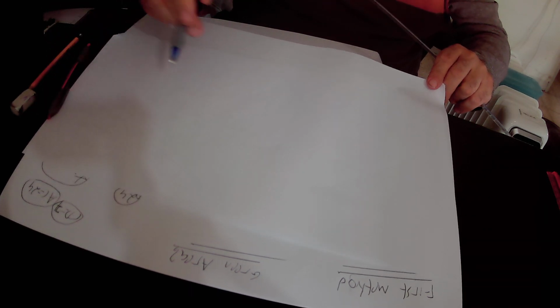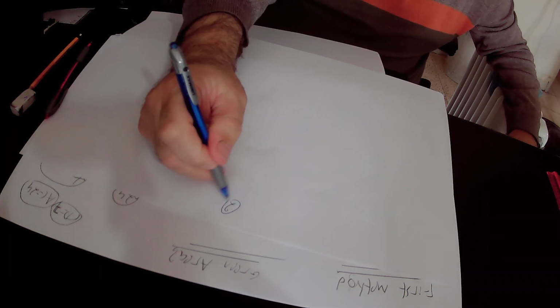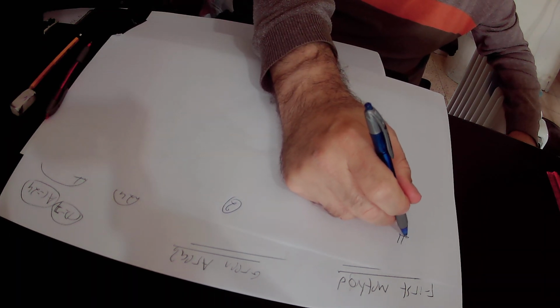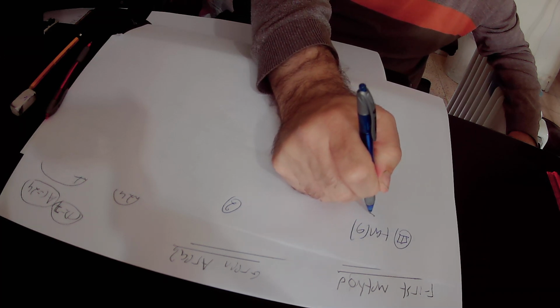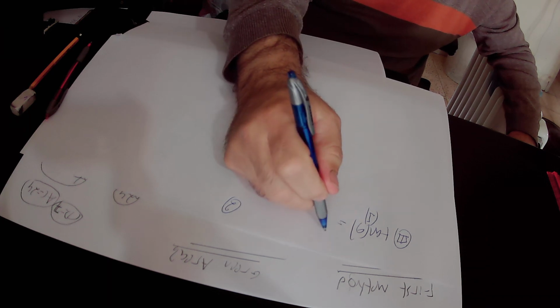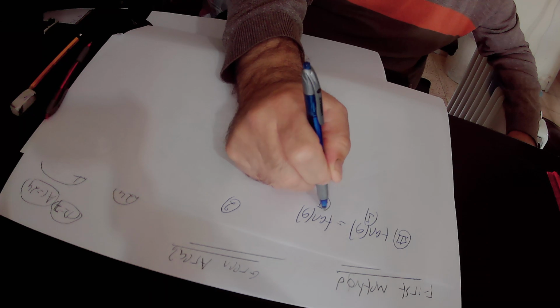It states that tangent alpha, according to equation number 1, must be equal to tangent alpha according to equation number 2.